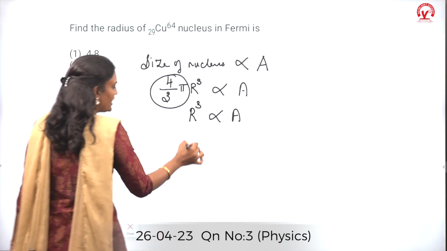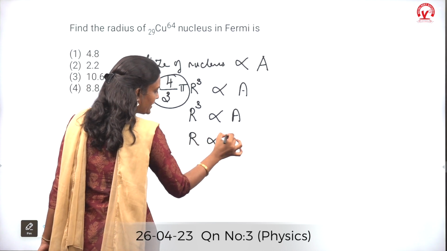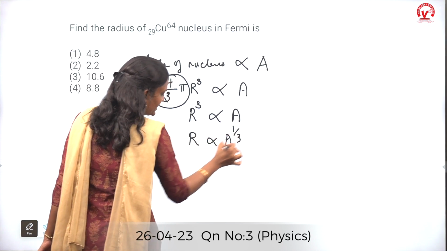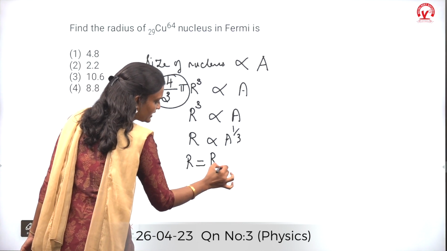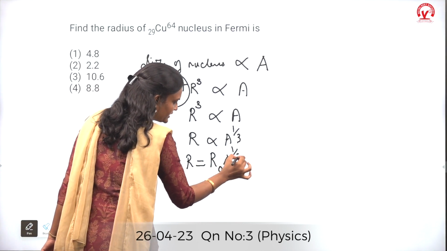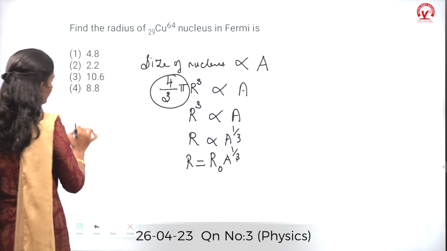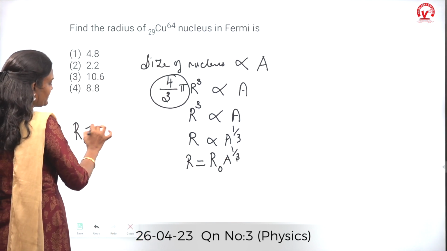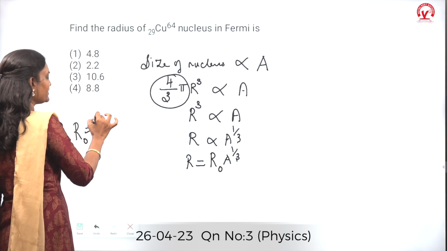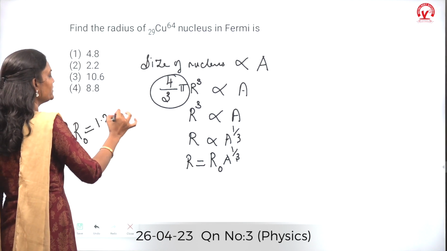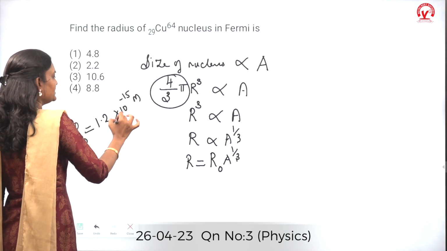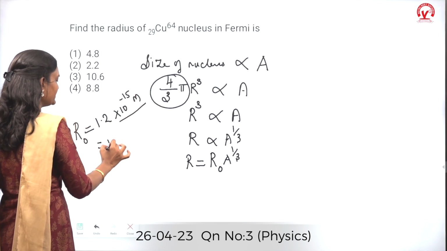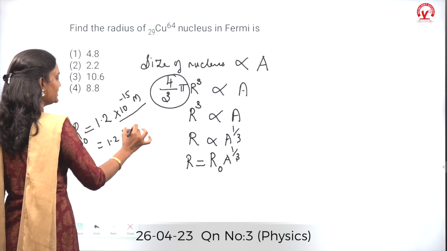So R is directly proportional to A power 1 by 3, and R is equal to some constant value R naught A power 1 by 3. R naught is the constant, and we are representing the number for R naught as 1.2 into 10 power minus 15 meter. 10 power minus 15 meter is nothing but Fermi.